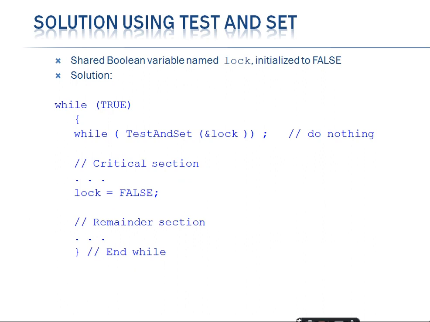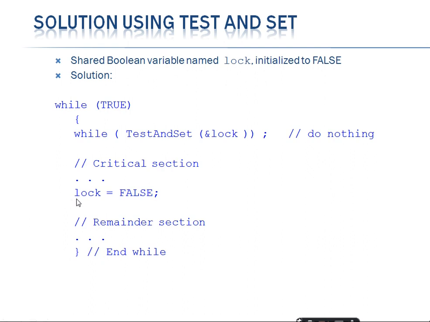Now using this test and set, we use a shared boolean variable named lock, which is initialized as false initially. Then while the condition is true, we call test and set over the lock. While this is true, nothing is done, and then critical section execution is done.